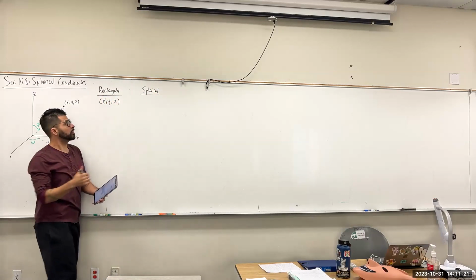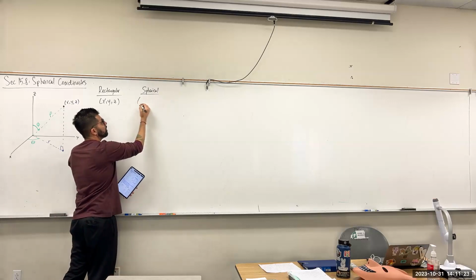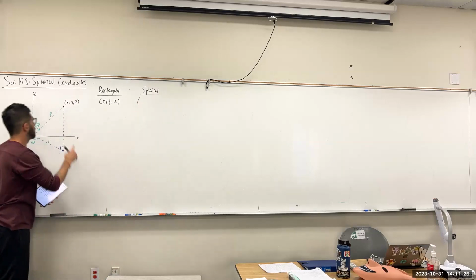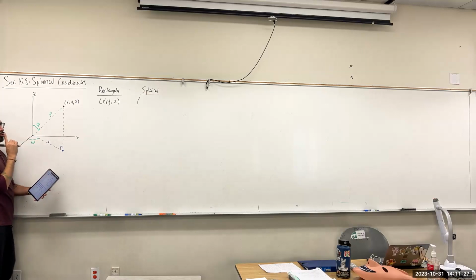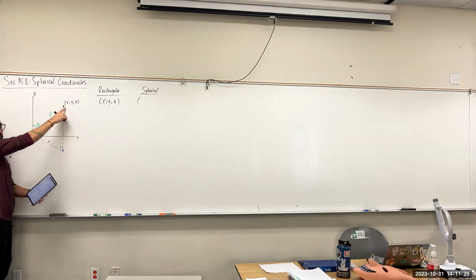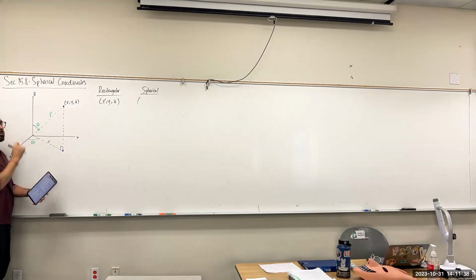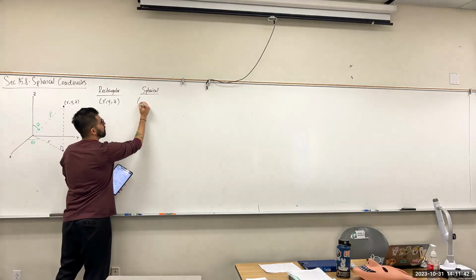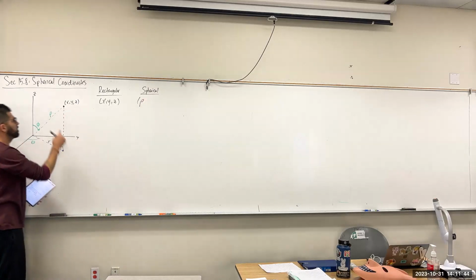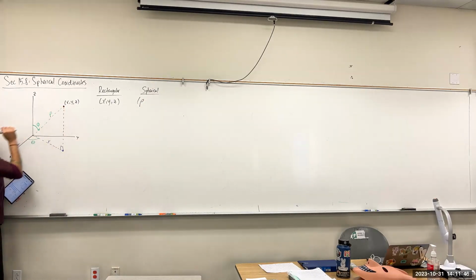This is something new here. You have your point here, right? You have your point in 3D space. The distance that this point is from the origin is going to use a new symbol called rho. So it represents that distance from the origin to that point.